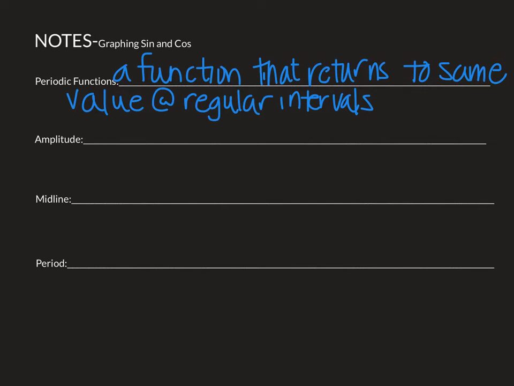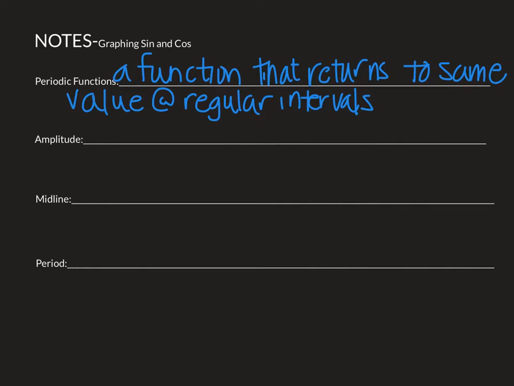So it returns to the same value over and over again. At regular intervals, so it's not like it's a random time. It's very specific as to how it goes back to the values. And we're going to look at that in a moment when we graph these problems, especially the parent function. But it returns to the same value at regular intervals.